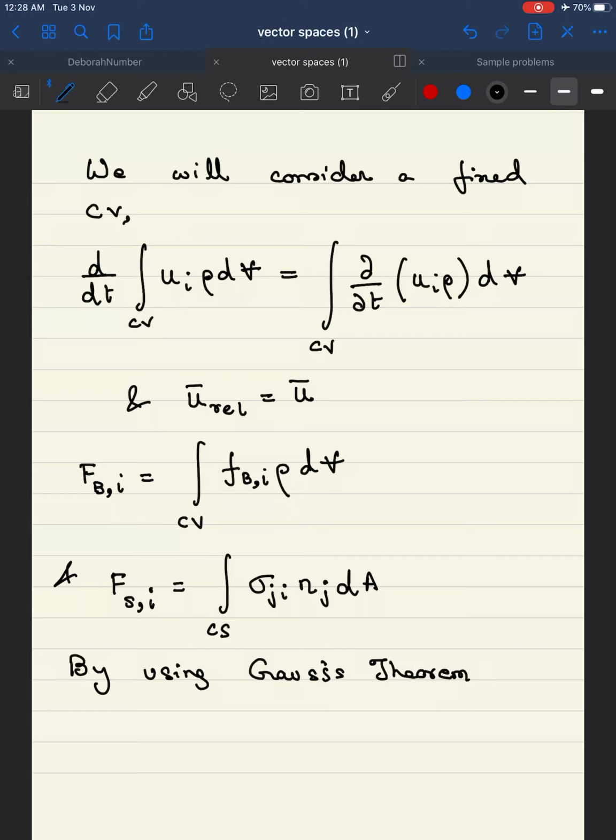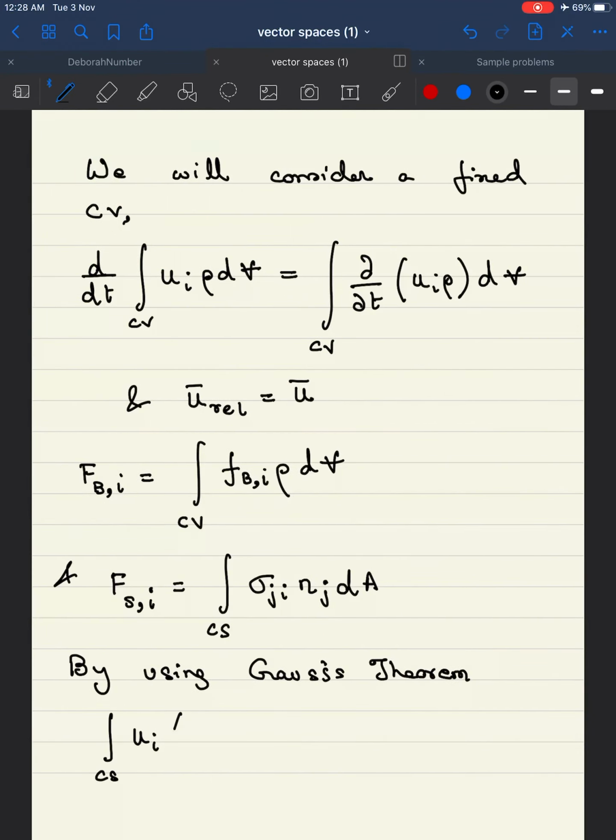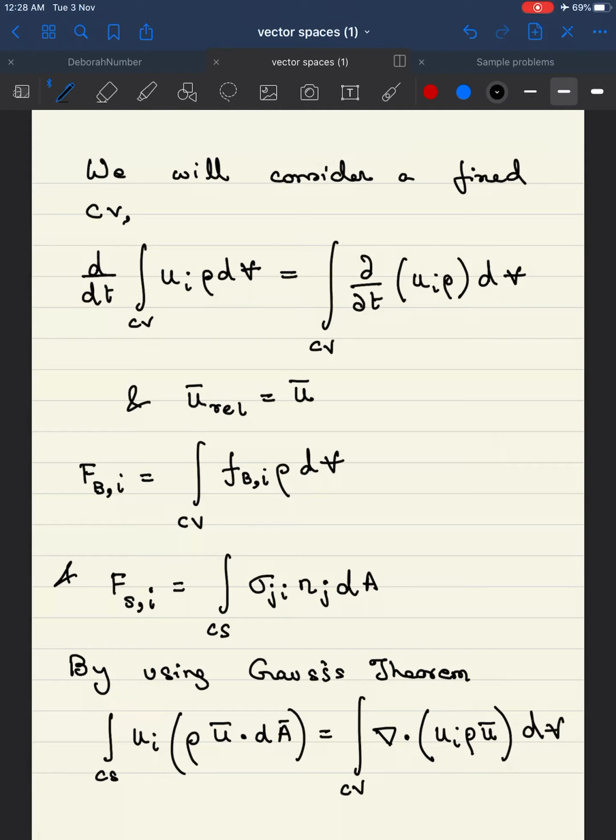just like we did last time, my first term is u_i rho u bar dot dA. This will now become the integral over the control volume of del dot this term, u_i rho u bar, and this is no longer going to be dA, this is just going to be dV.